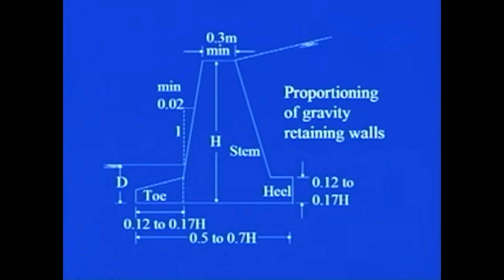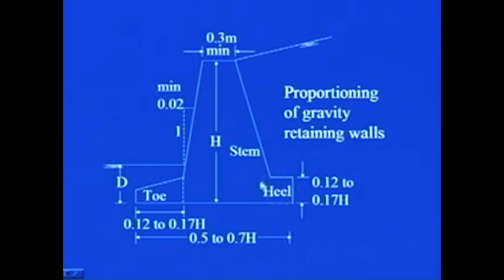But usually 5 to 7 meters for a wall height of 10 meters can be adopted. Then this part, you see, is a little bit tapered, and the minimum that you can provide is 0.02 horizontal to 1 vertical. So, this much slope you can provide.